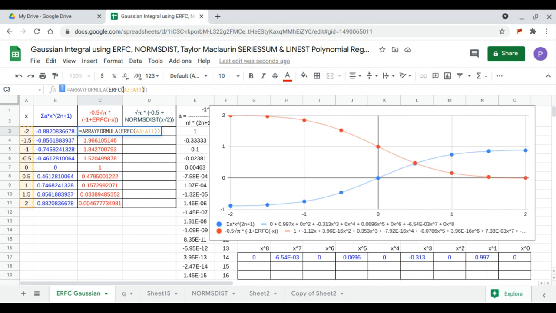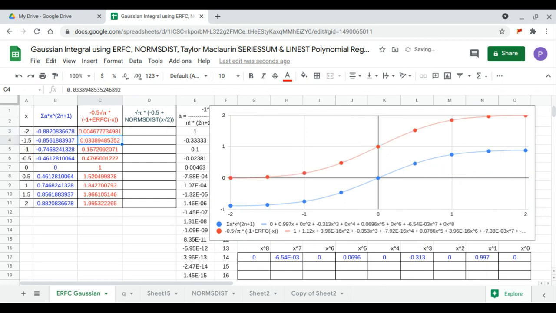There's a negative x, so it's negative x. Next, there is a negative 1, so minus 1, minus 1 plus ERFC.